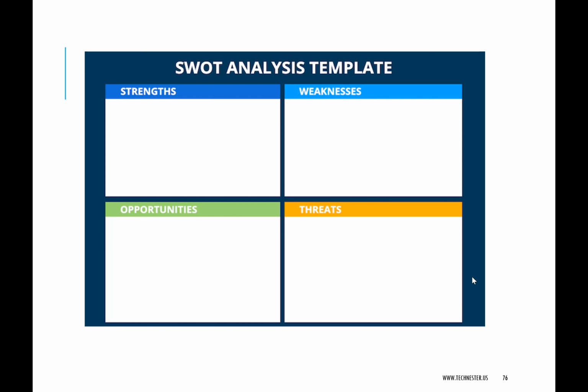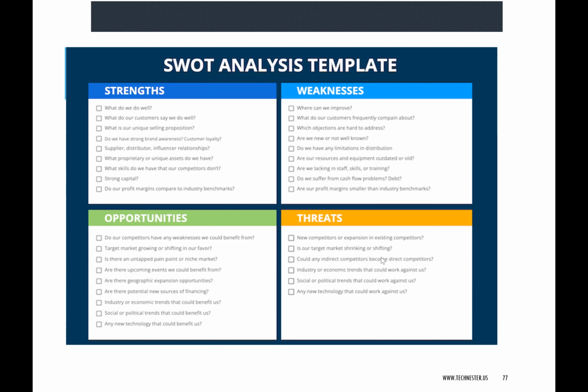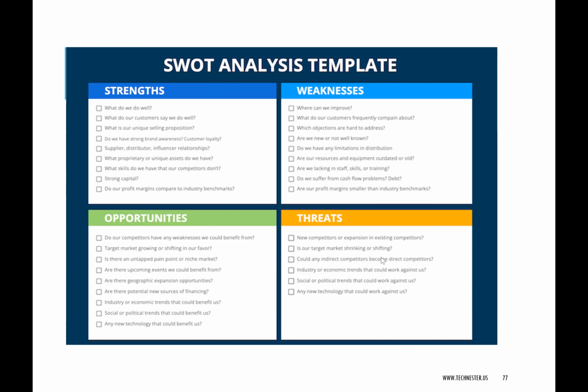So one way people do this is they just many times brainstorm, right? And they start asking questions like, what do we do well? What do our customers say we do well, right? So they just have all these templated questions, and then they start asking participants in a brainstorming session.